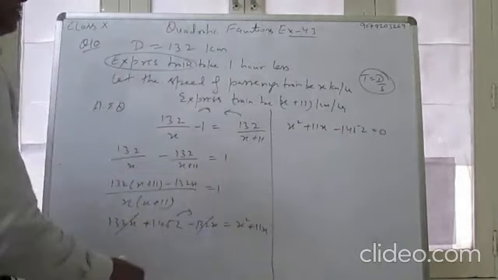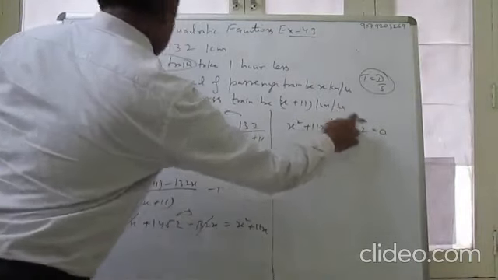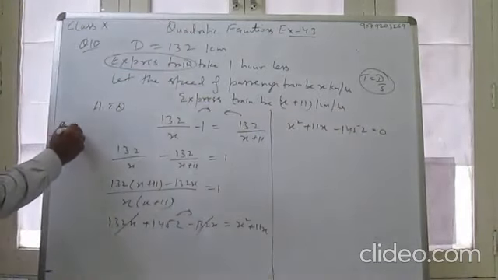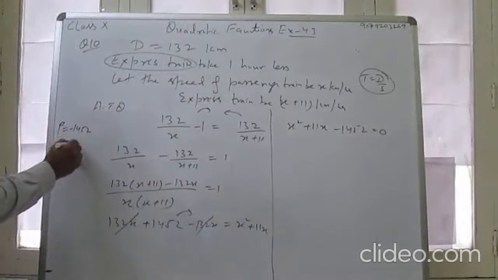If you factor it, what is the product? Minus 1452, and the middle term is 11x.